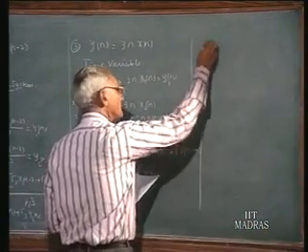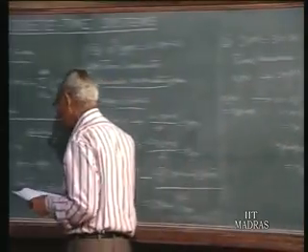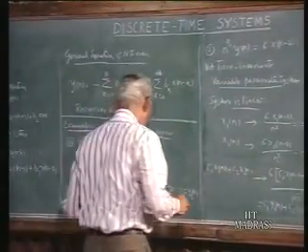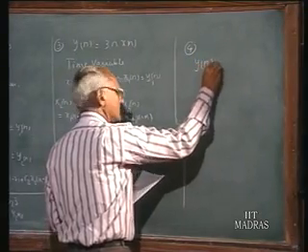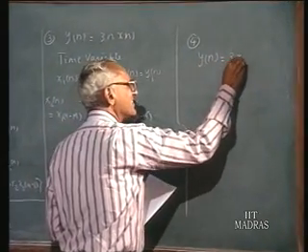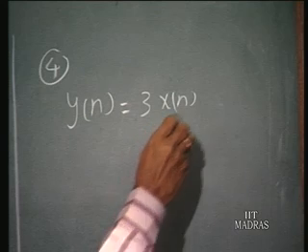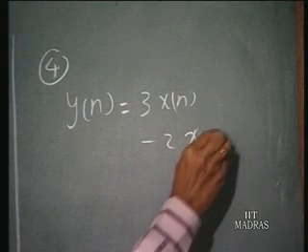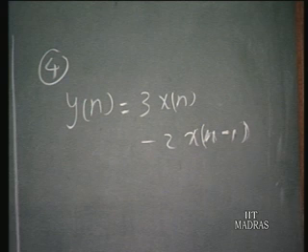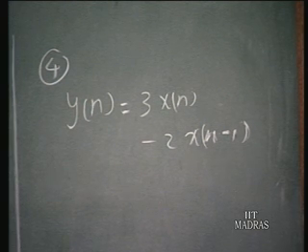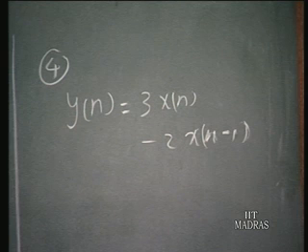Fourth example, suppose I have y(n) equals 3x(n) minus 2x(n minus 1). So this obviously satisfies all our requirements. All the coefficients are constants, and this pertains to the form that we have been talking about.